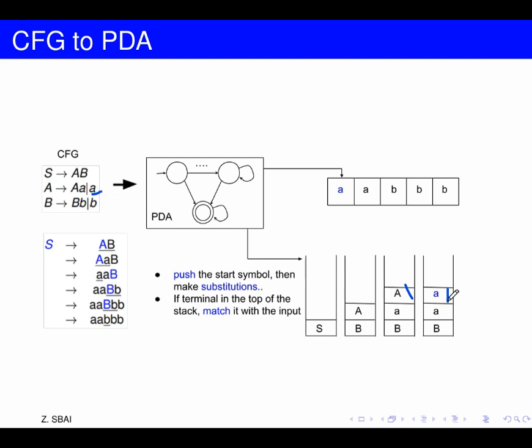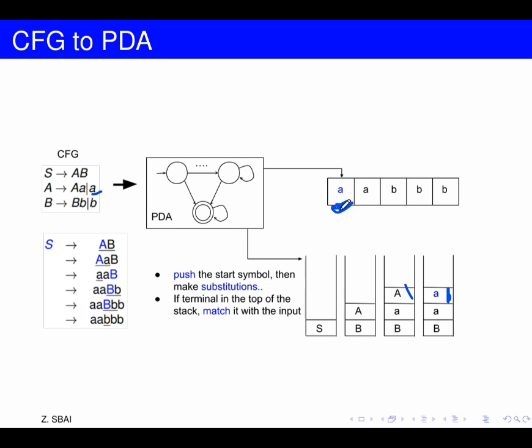Now we don't have a variable on top of the stack. Instead, we have a terminal. In this case, the idea is to match this terminal. We cannot substitute it, since it's not a variable, but we can match it with the symbol of the input.